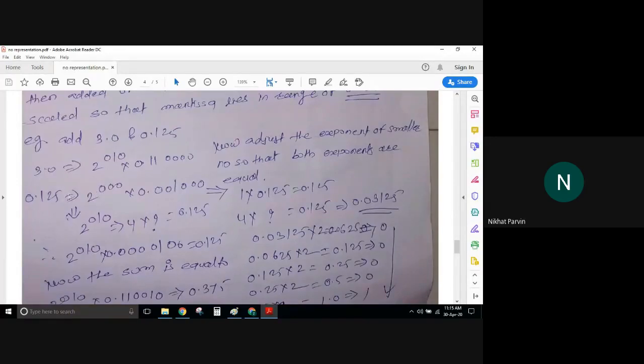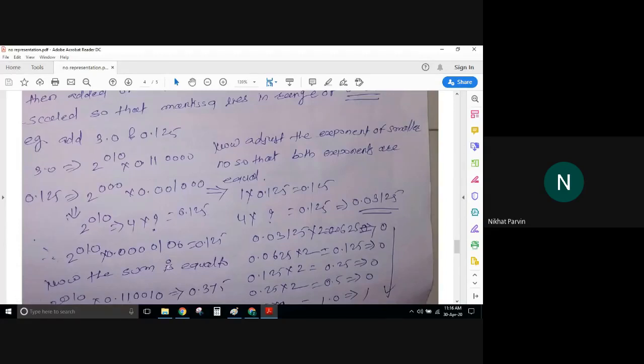Definitely, this answer shouldn't change because this is the actual number which I have to add. So what should I do so that I get this 0.125 when I make 2 power 0 equal to 2 power 2? Let us say this is my 4 and this is what I don't know. This is the 0.125 I wanted.